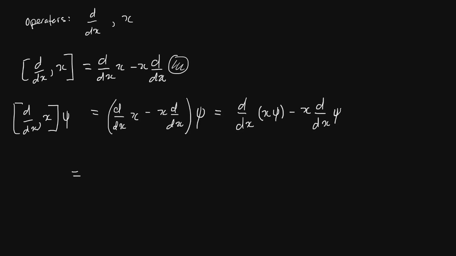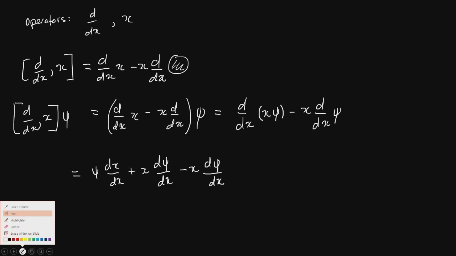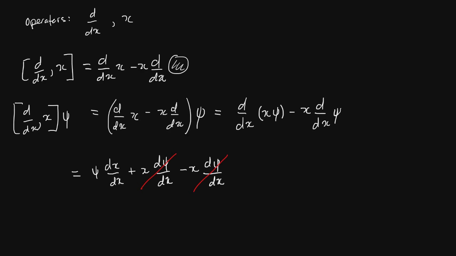So expanding this out further will give us psi dx over dx plus x d psi over dx minus x d psi over dx. Clearly we can see that these last two terms will cancel out, so we can eliminate these straight away, and we're left with this term.